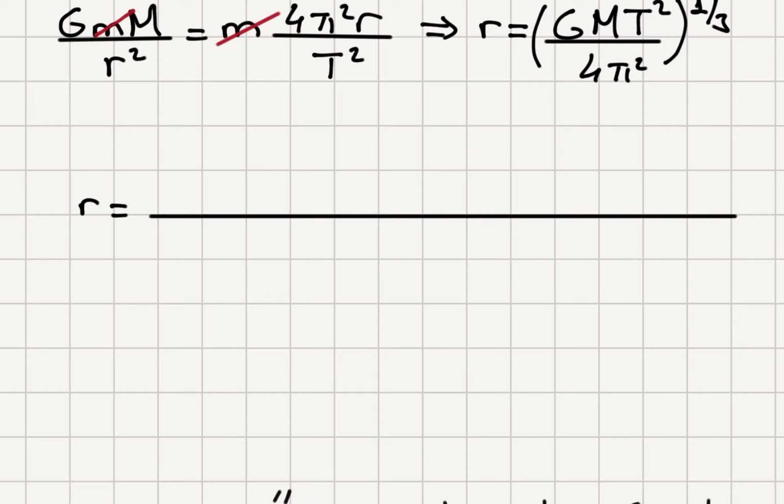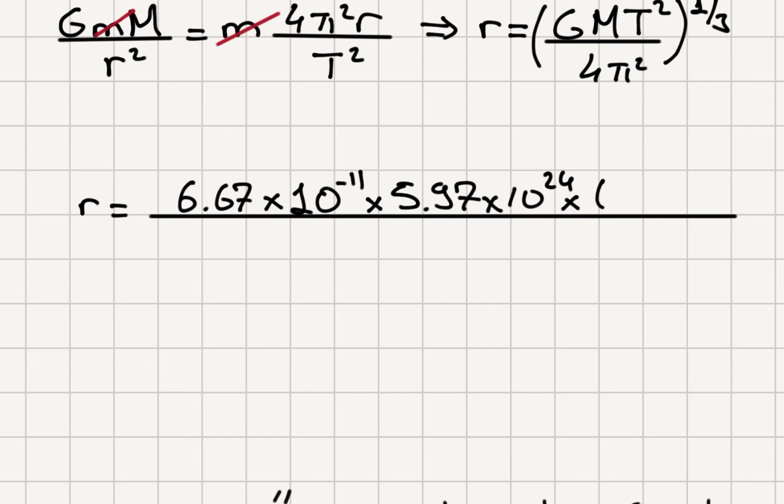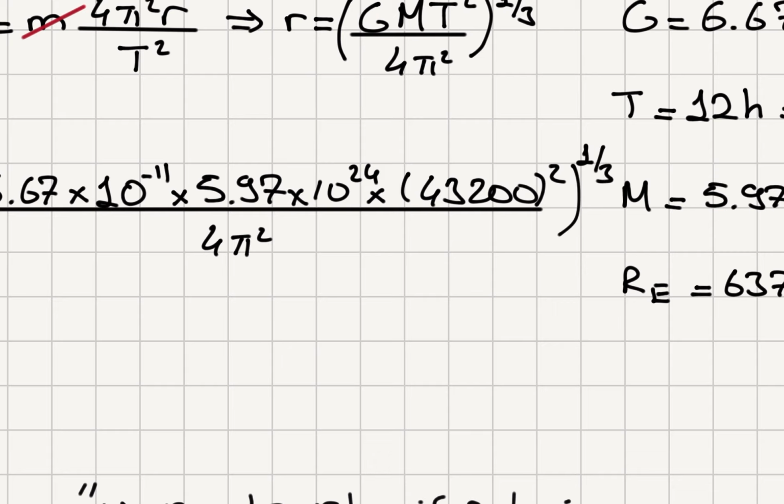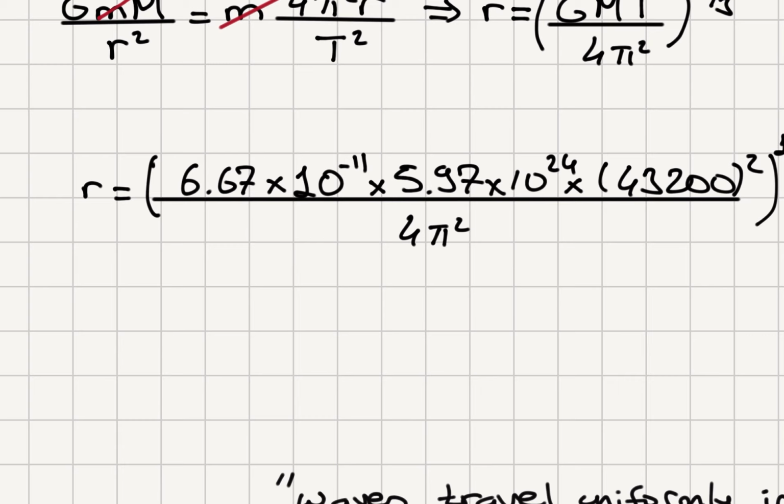It is 6.67 times 10 to minus 11, the gravitational constant, times the mass of the Earth, 5.97 times 10 to 24 kilograms, times 43,200 squared, divided by 4 pi squared, to the power 1 over 3, and this gives us a radial distance of 2.66 times 10 to 7 meters.